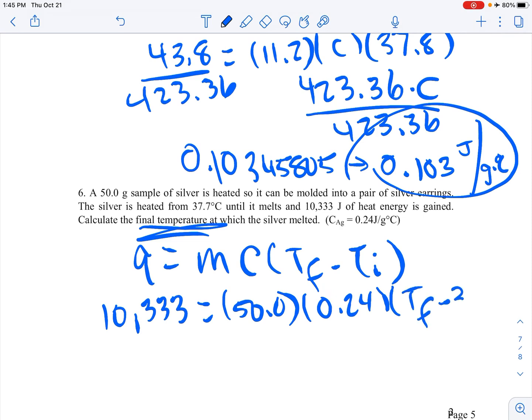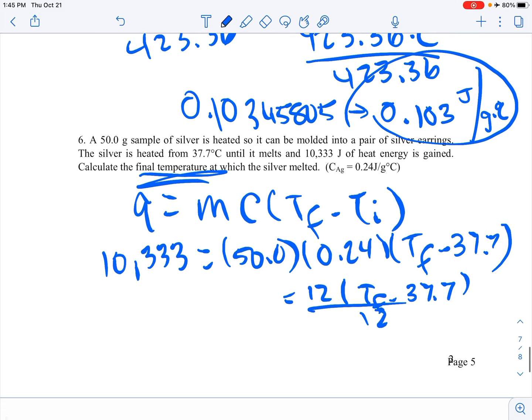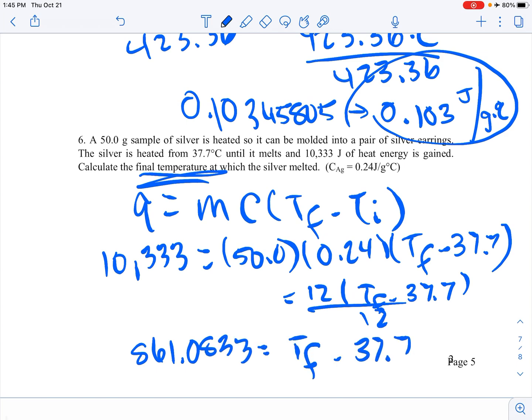T initial is 37.7. So 50 times 0.24 gives you 12 times that quantity equals that. Divide both sides by 12. So 10,333 divided by 12 is 861 point all this junk equals T final minus 37.7.